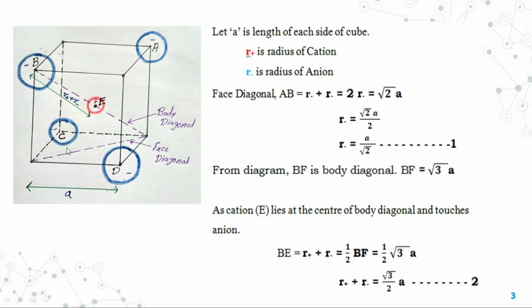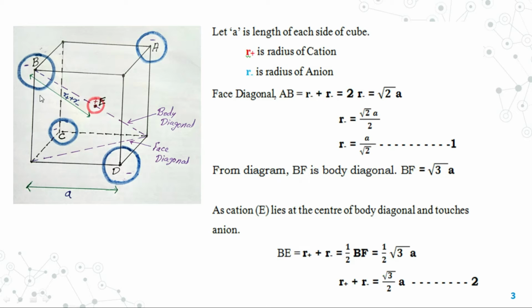From this diagram, we know that the body diagonal in terms of A is root 3 into A. So let us consider BF, this point F. So BF is equal to root 3 into A. But as we know that our cation is situated at the center of the unit cell, the distance BE is equal to half of BF.